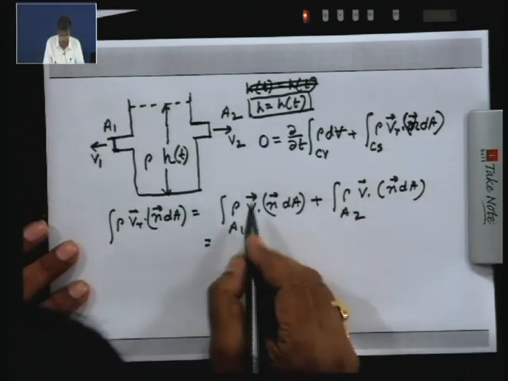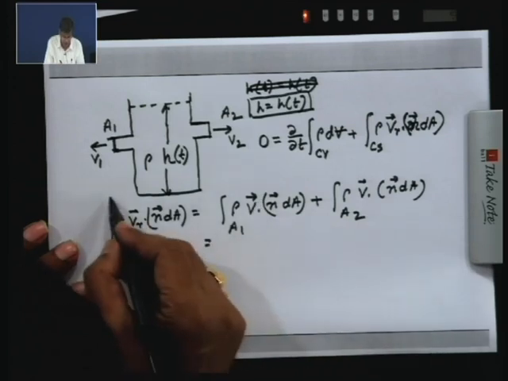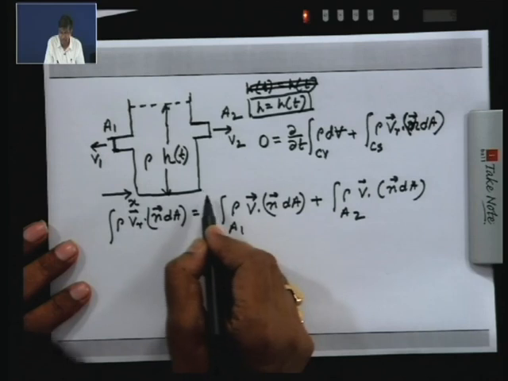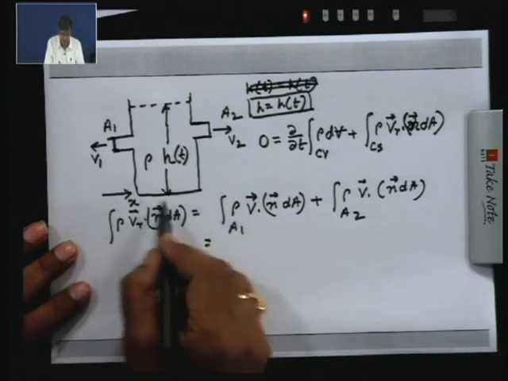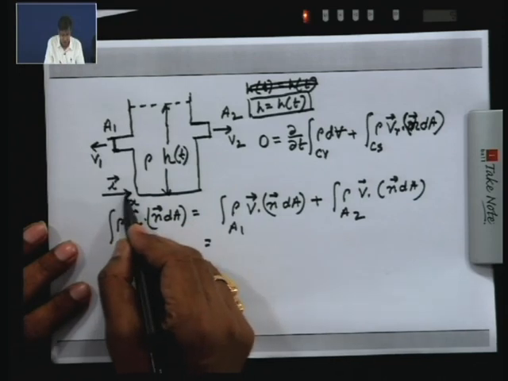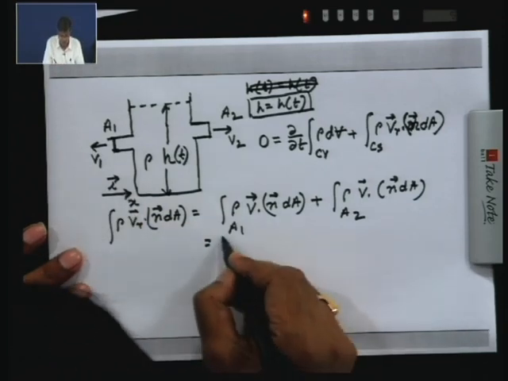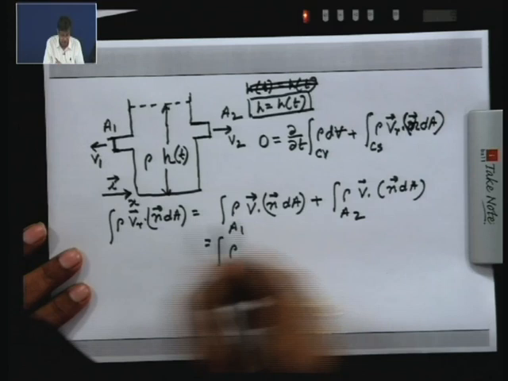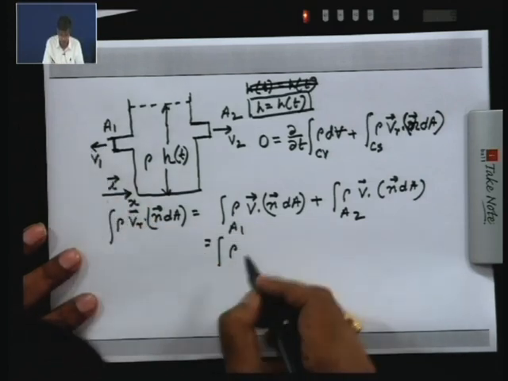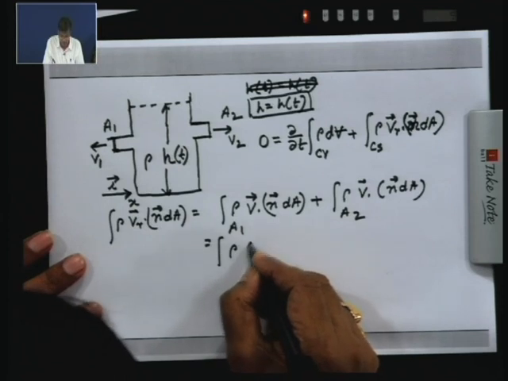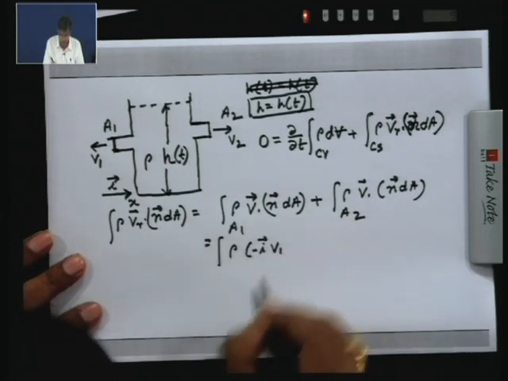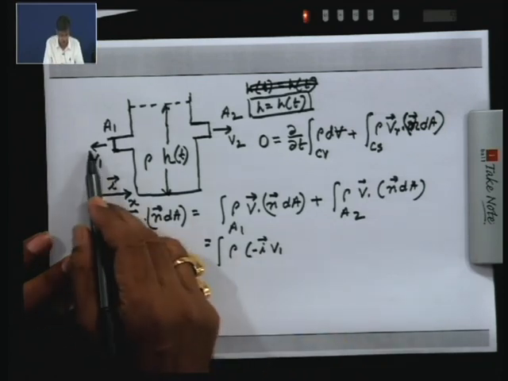Since it is a vector term, better we define a unit vector I in the positive direction, arbitrarily taking this as positive x. Here V is V1, in the opposite direction, so it is negative I, that is, minus I V1.